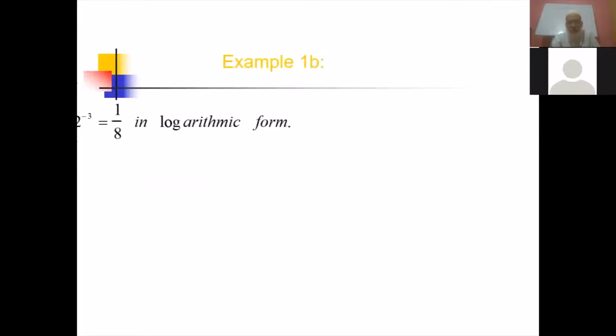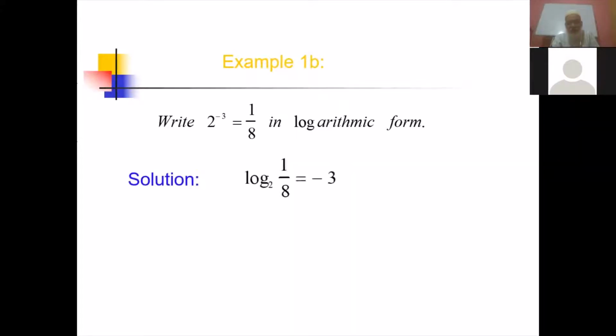Now next example: 2 raised to power minus 3 is 1 upon 8. There is a negative exponent, so it can be written as 1 upon 8 in reciprocal form. Solution: log base 2 of 1 upon 8 is equal to minus 3. Okay.